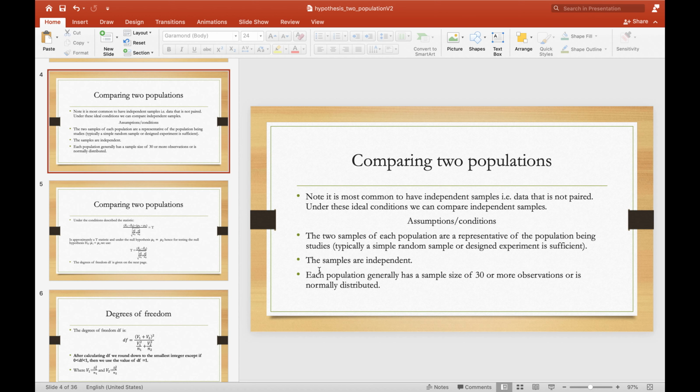And each population has a sample size of at least 30 observations. Going back to independent, it's not only important that someone in population 1 doesn't affect someone in population 2, but also that someone in population 1 doesn't affect another observation in population 1. So both independent with respect to population and independent with respect to observation.